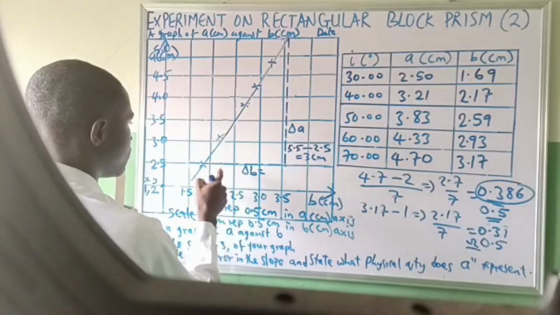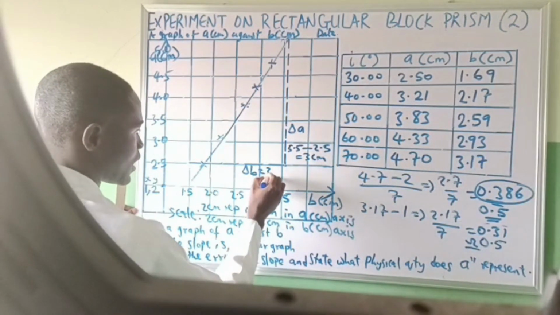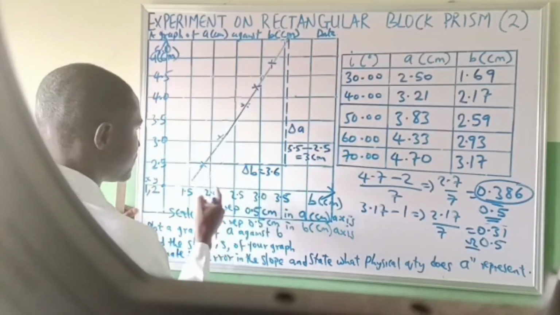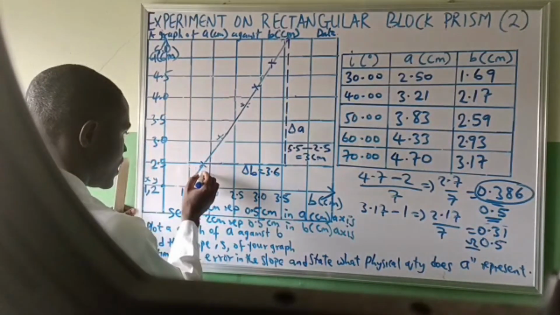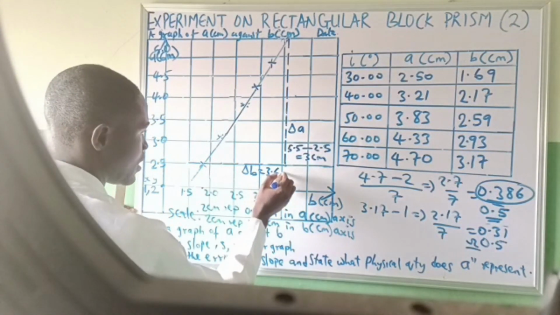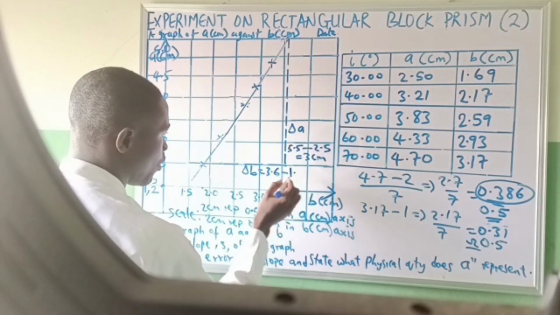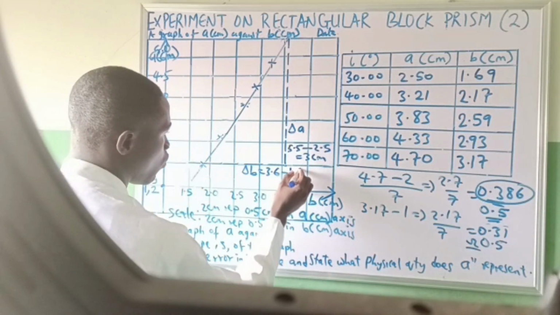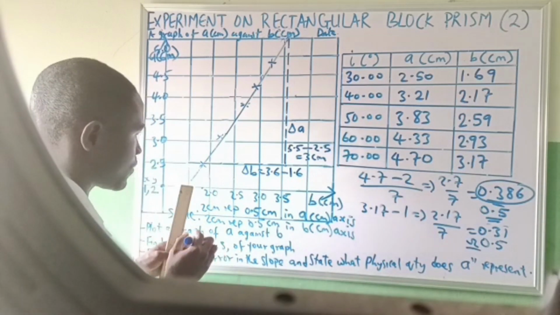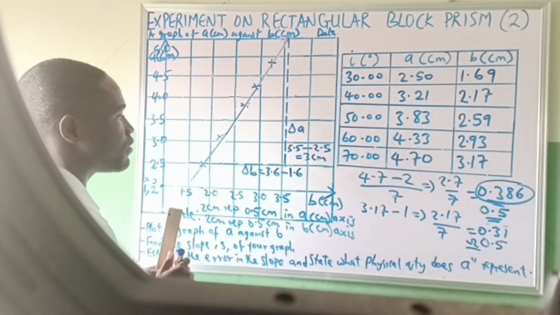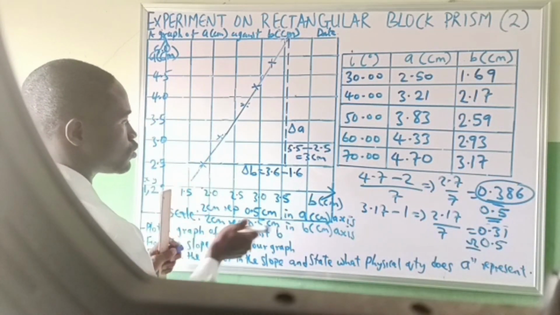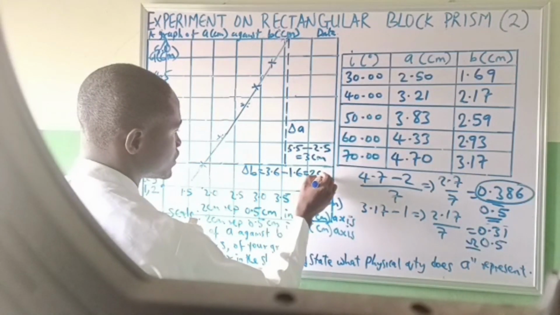Then for here is 3.6 approximately. Then here is minus 1.6. That will be giving you 2 cm.